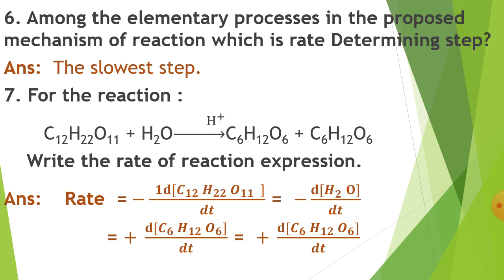This equals positive plus d[C6H12O6] divided by dt, equal to plus d[C6H12O6] divided by dt. So in this way you have to write the rate expression for any given reaction. This is the most important aspect of this chapter.